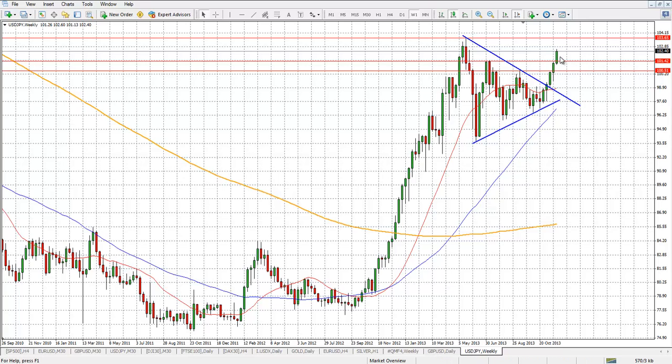So we're either going to have 3 straight weeks of trading higher and possibly attempting to challenge this 103.65 resistance.